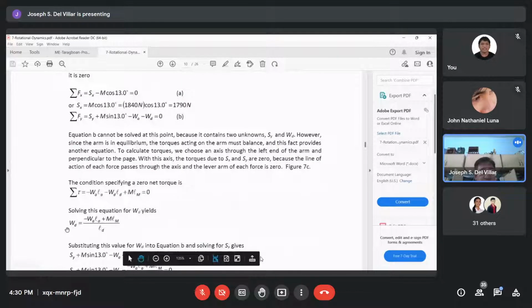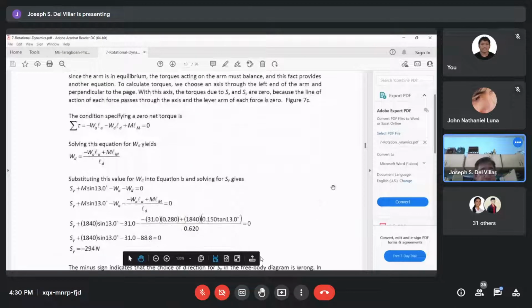Oh, here is the weight of the dumbbell. Did you get my procedure?